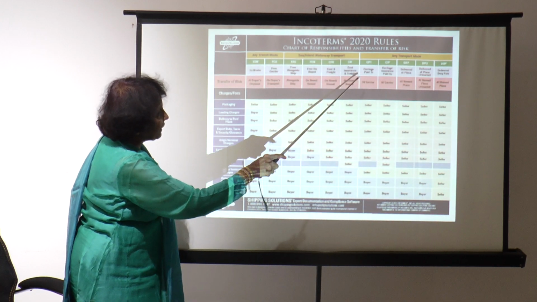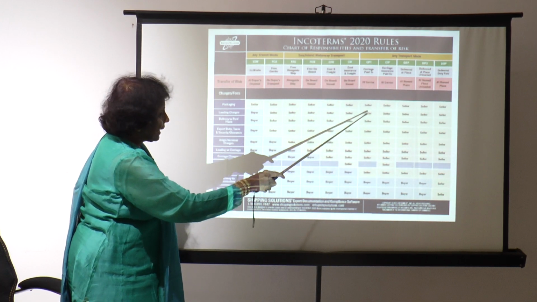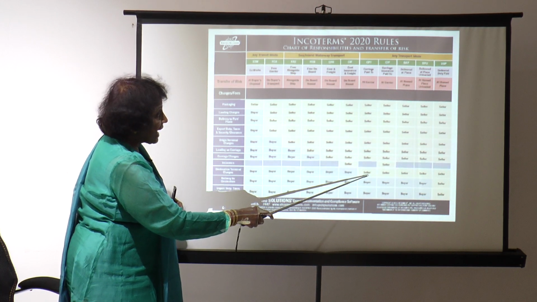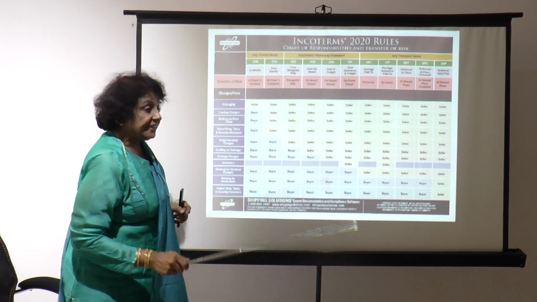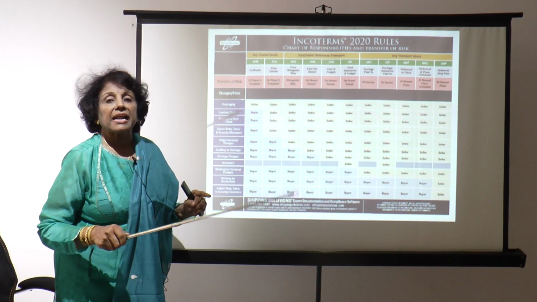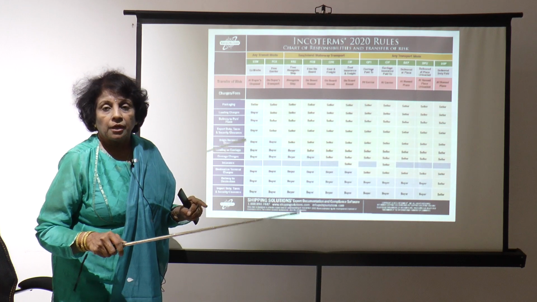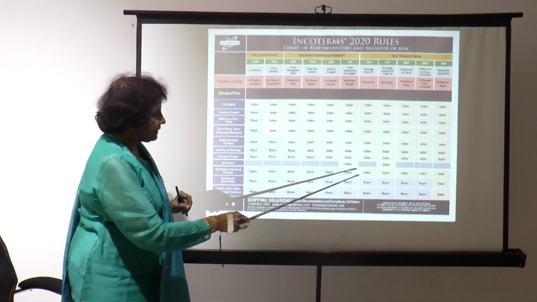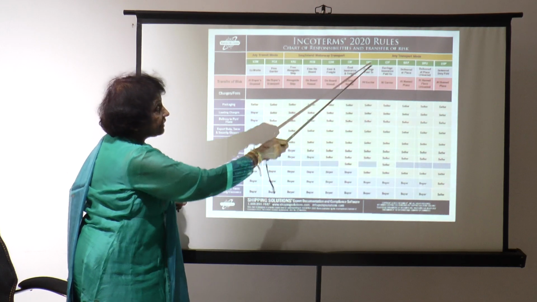Next you go to CPT, Carriage Paid To. Again, up to carriage charges, and then in Carriage Paid To, destination terminal charges are also taken care of. After arriving in Mumbai, India, from Manchester, London, he will pay the destination terminal charges.